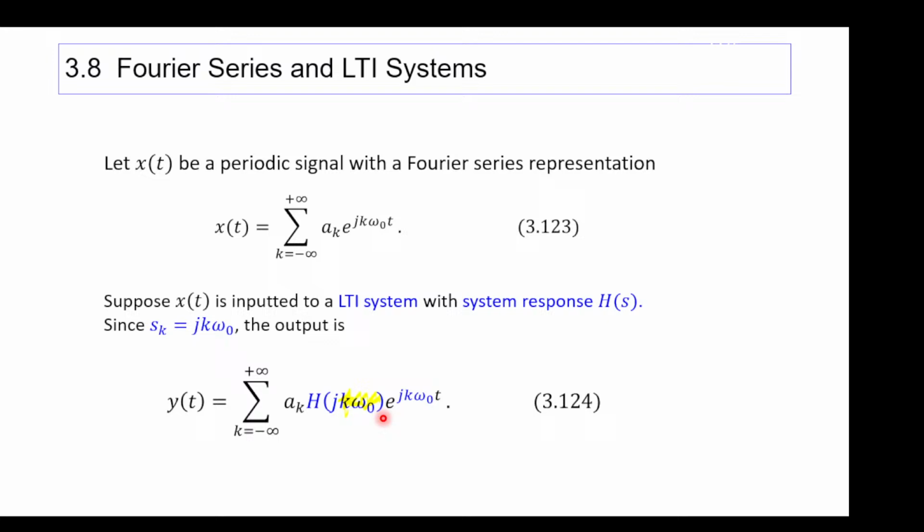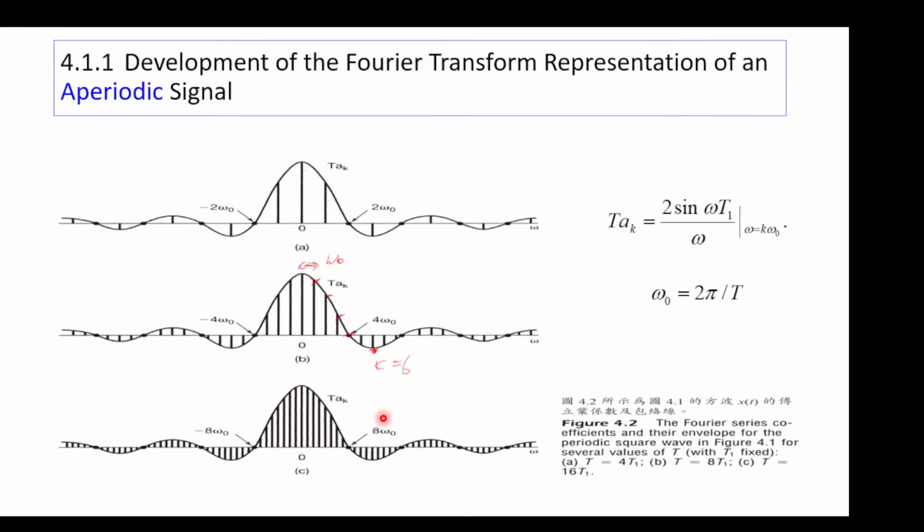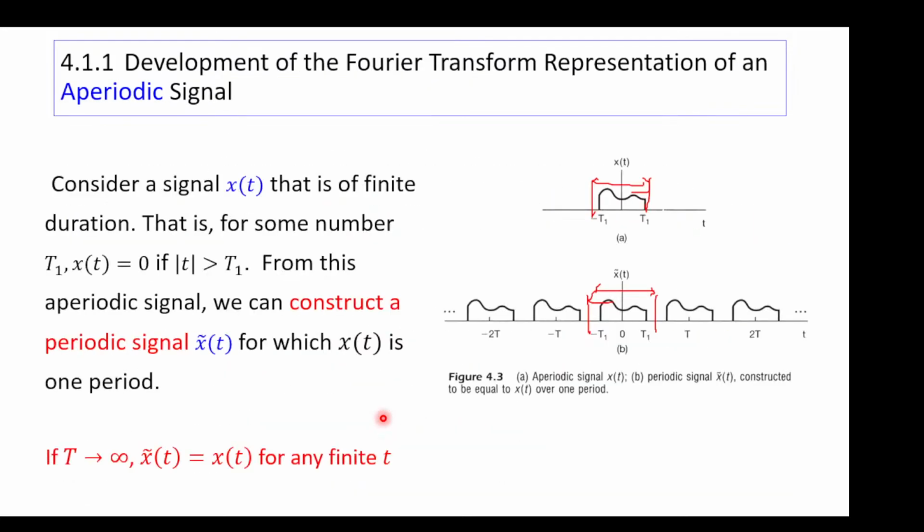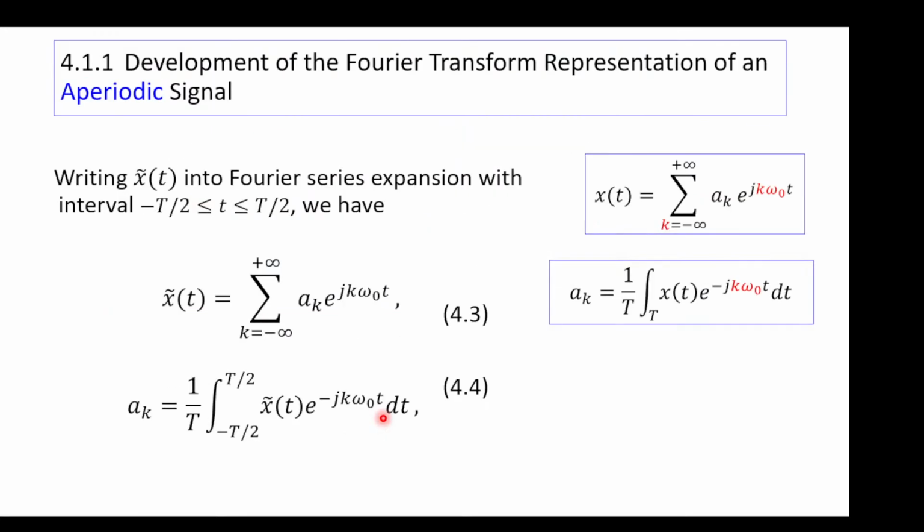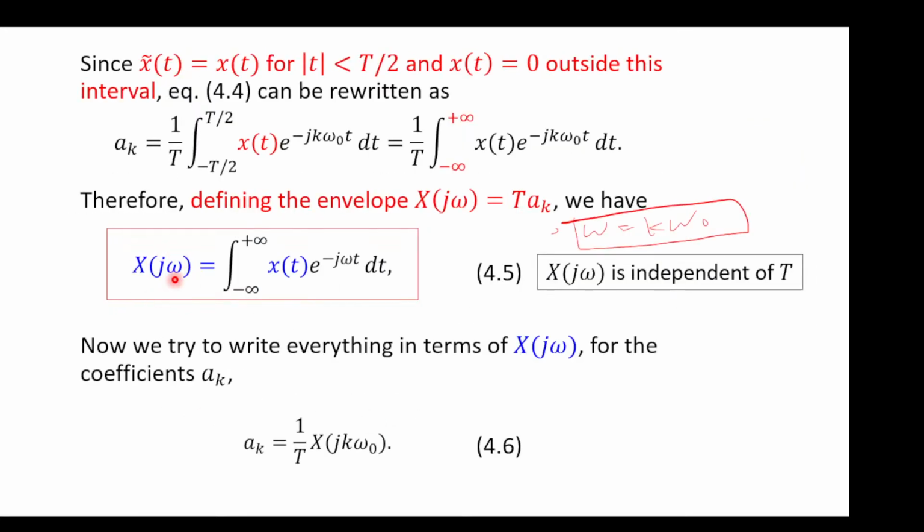This j omega corresponds to the component for e to the j omega t. It is the coefficient for e to the j omega t, so that's why you have a j here. We'll see this in more detail later. Anyway, this is our big X of j omega.